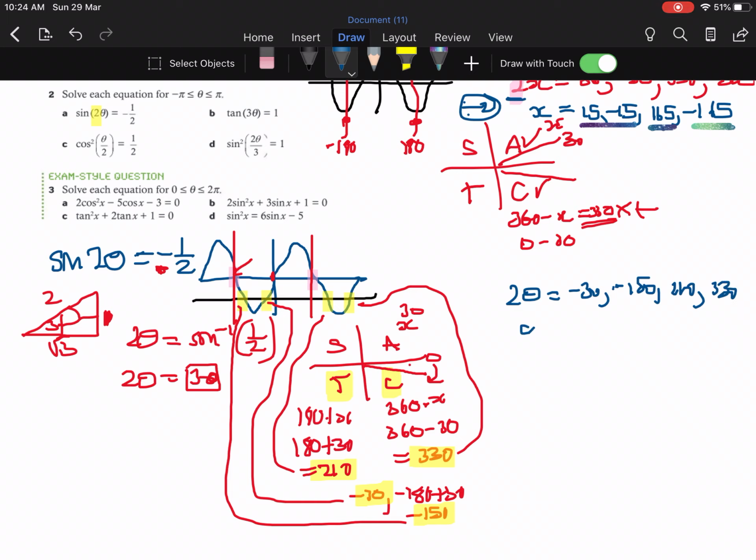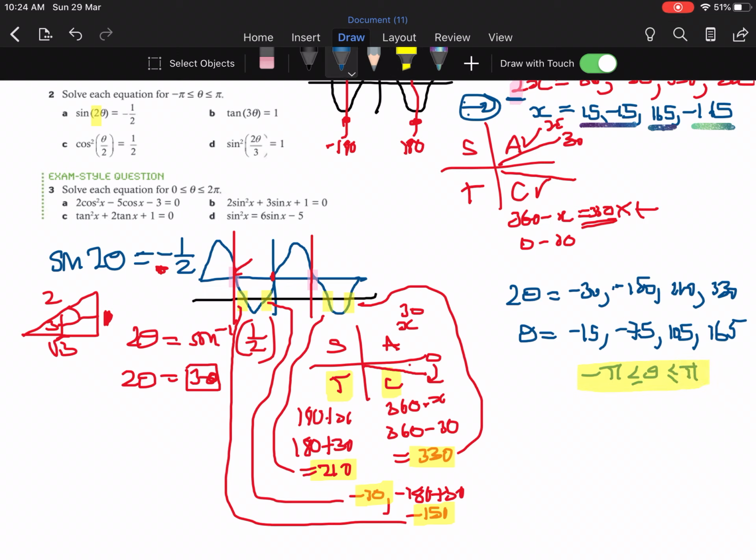However, I've got to divide all of them by 2, so negative 15, negative 75, positive 105, and then positive 165. And you can see that all of these are within the range of negative pi less than or equal to theta, which is less than or equal to pi. So all of these match this range.